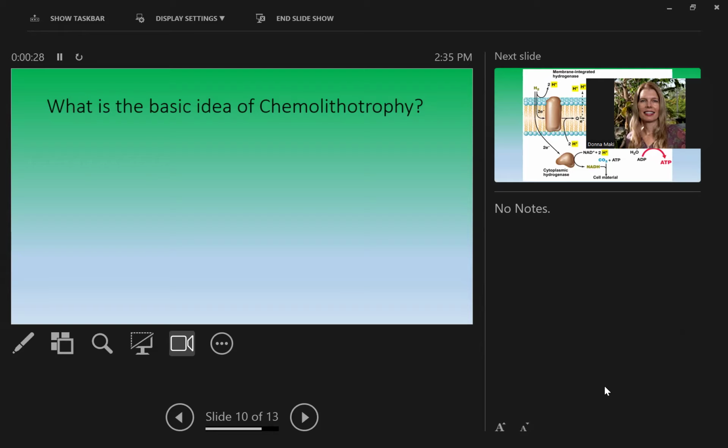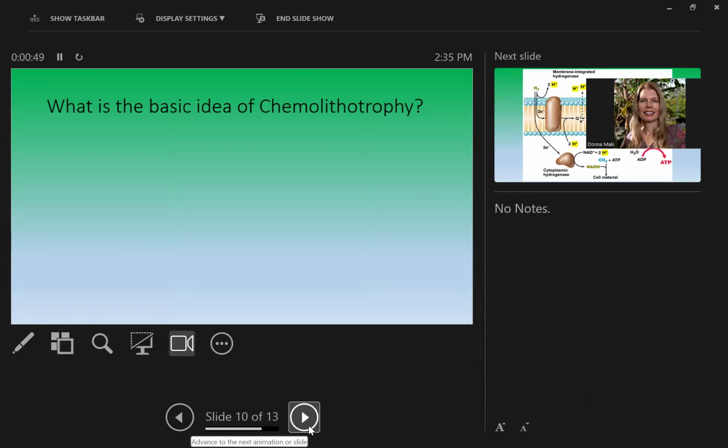Troph means to use or to eat. Litho is referring to what in general? Rocks, which are inorganic. So if you can link that a rock is inorganic, they're eating rocks. They're stripping electrons off of inorganics.